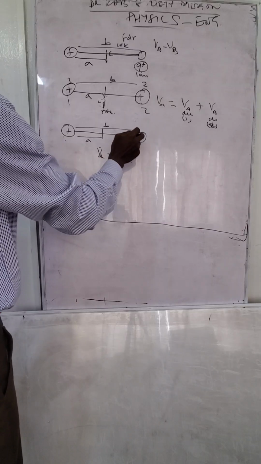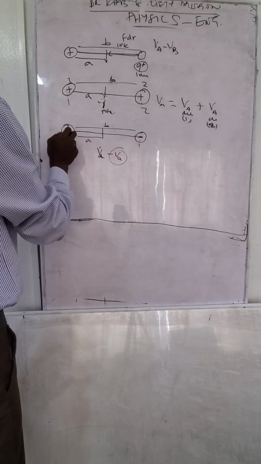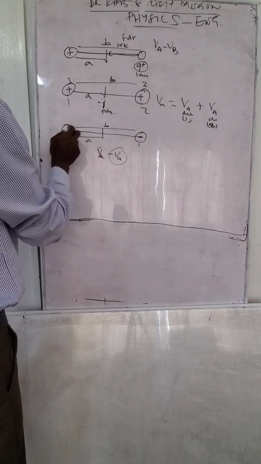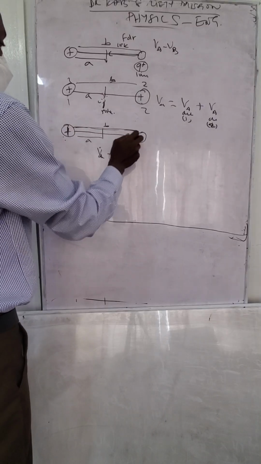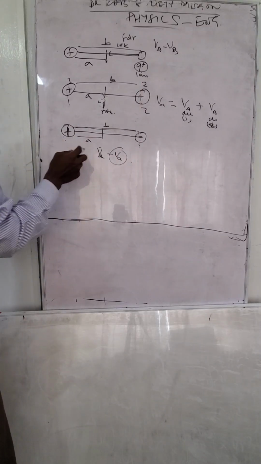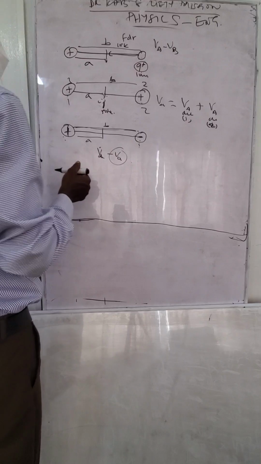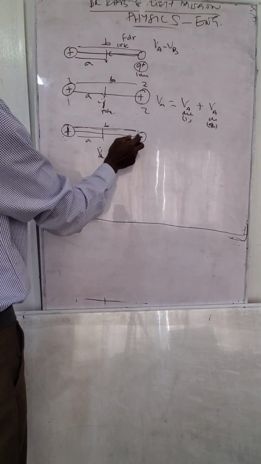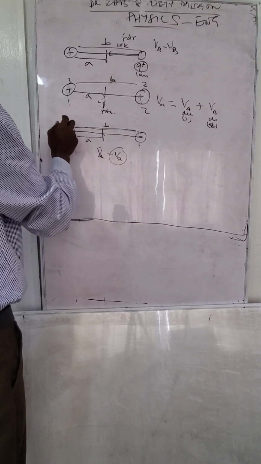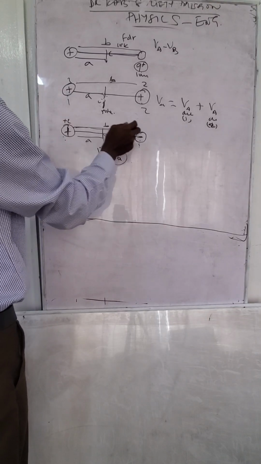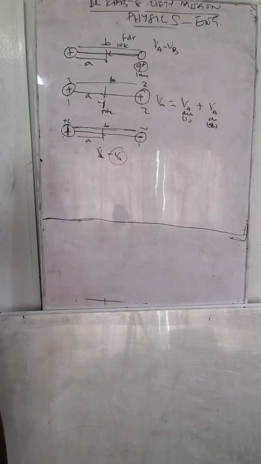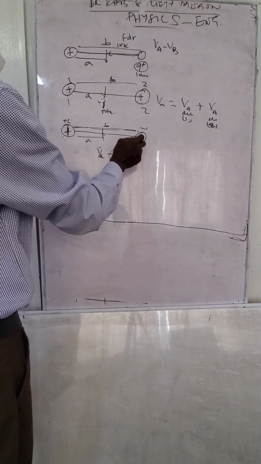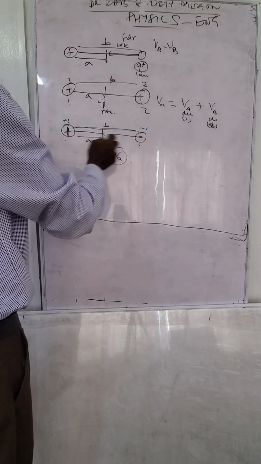With reference to this point, if the distance is being taken from this, then it will be that minus that, because this makes it negative. So let's say plus 2 and minus 2, then of course it comes out to 0.